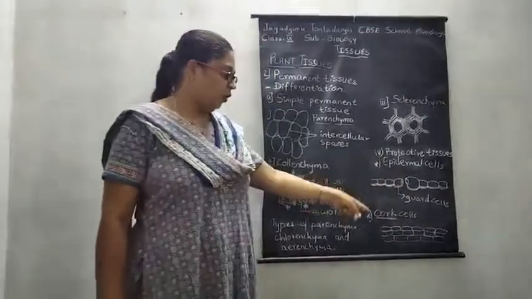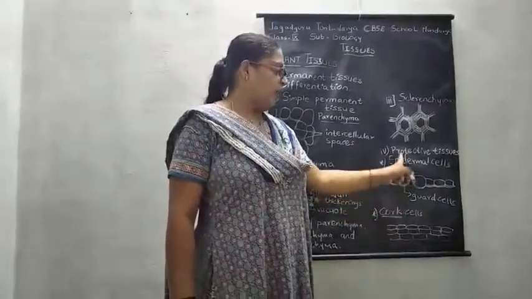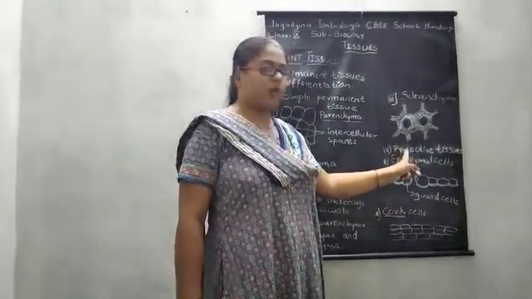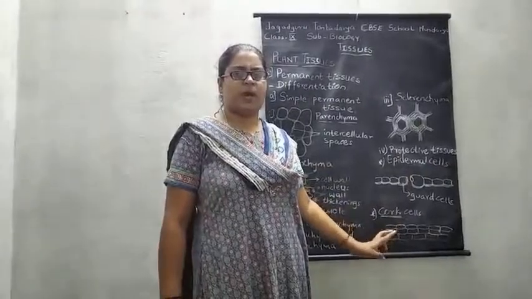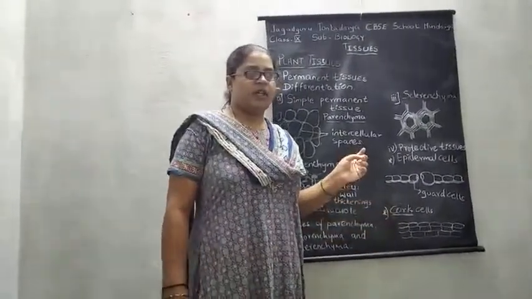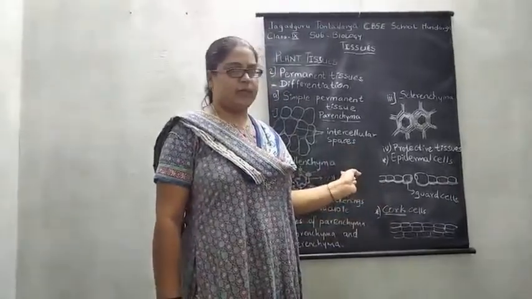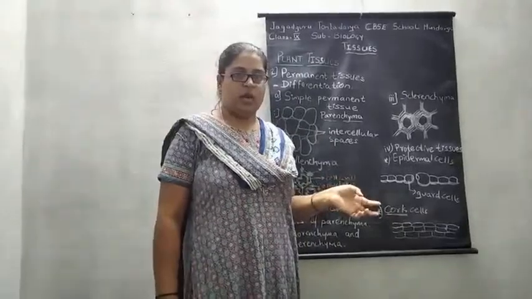Next, move on to cork cells. These are another type of protective tissue, and these are also present in the outer part of the plant. They are mainly found in the hard part of the plant body, that is in the bark of the tree, in the wooden part of the plant.